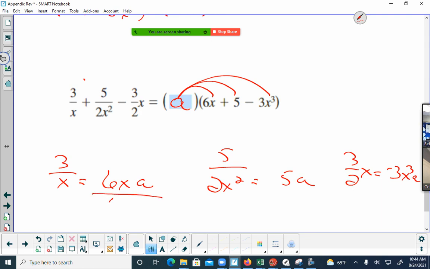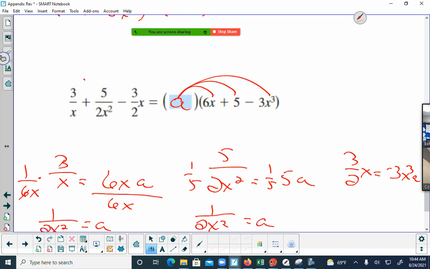Here I would divide both sides by 6x or multiply by 1 over 6x. Does that make sense? And if I do that, I end up with 1 over 2x squared is equal to a. Here I'd multiply both sides by 1/5, and I'm going to again end up with 1 over 2x squared. So this answer is just going to be 1 over 2x squared. It's really that simple.